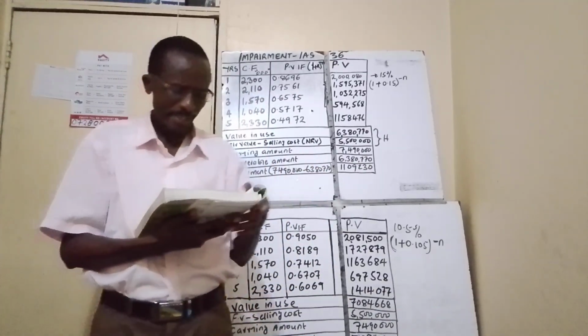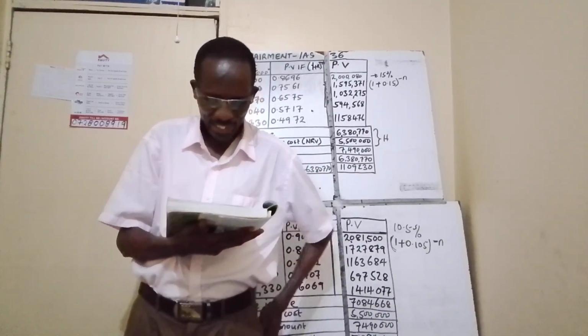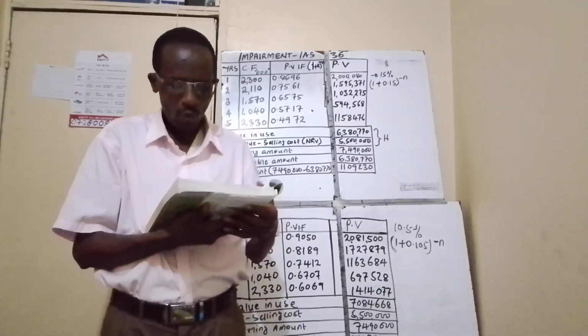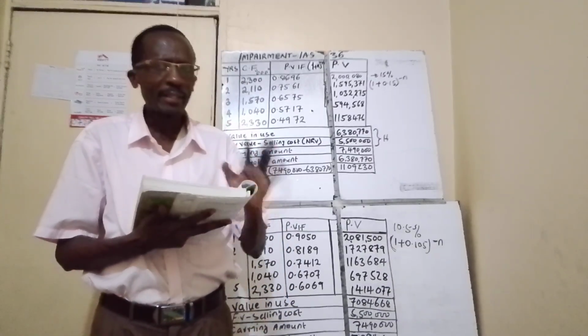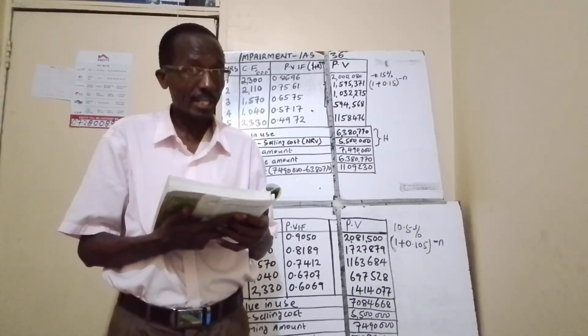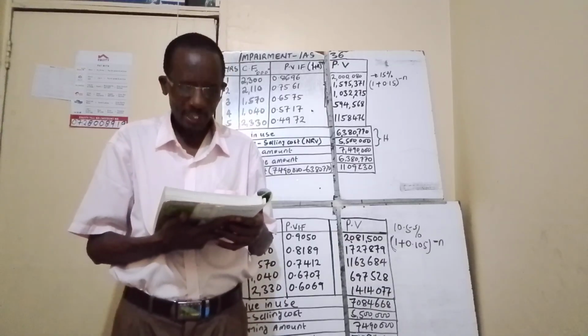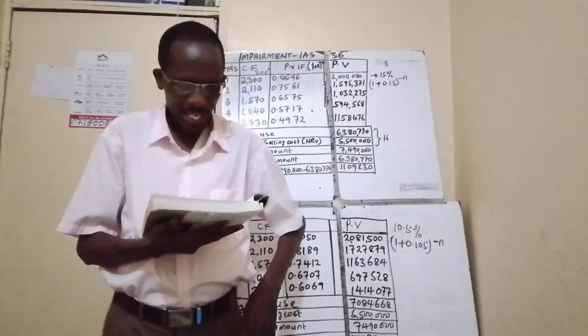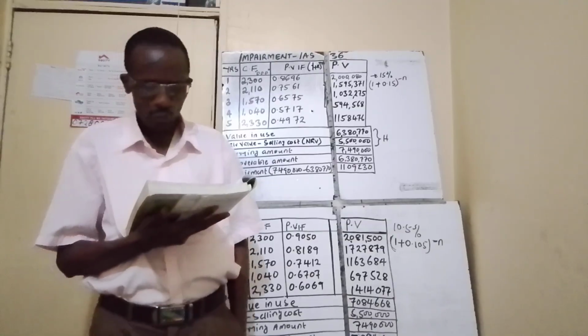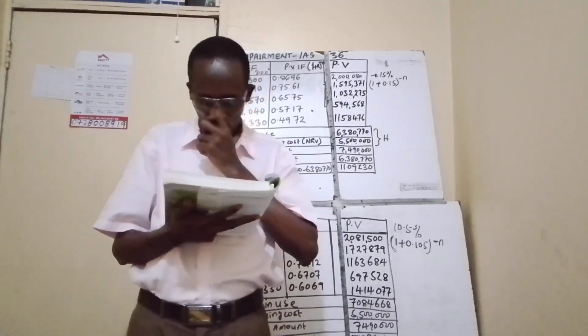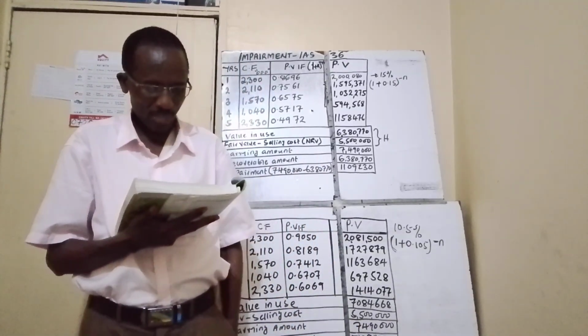So we are saying that impairment refers to the excess of the carrying amount of an asset or liability. It need not necessarily be an asset; it can as well be a liability. Impairment refers to the excess of the carrying amount of an asset or liability over its recoverable amount.